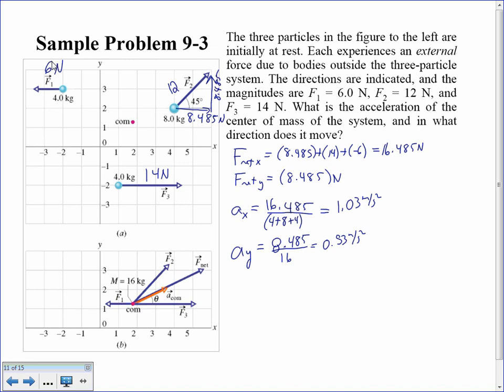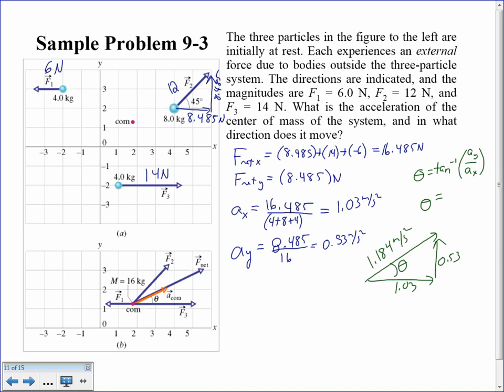So the overall acceleration, you would add those two components together, 1.03, 0.53. You would use the Pythagorean theorem, and you would get 1.184 meters per second squared. And that angle would be the inverse tangent of the y component over the x component.